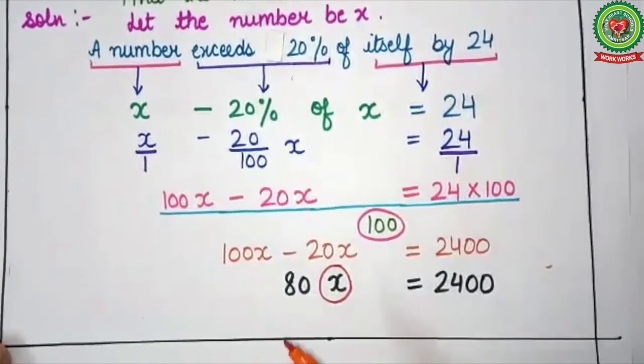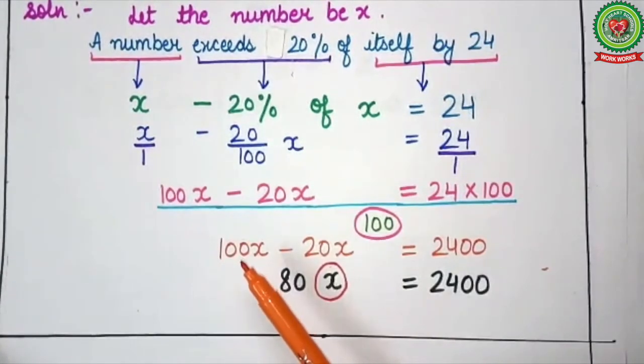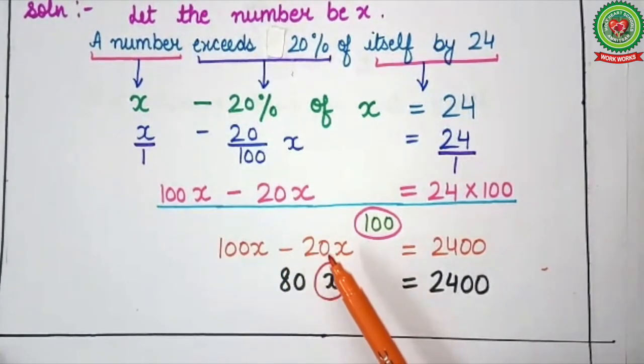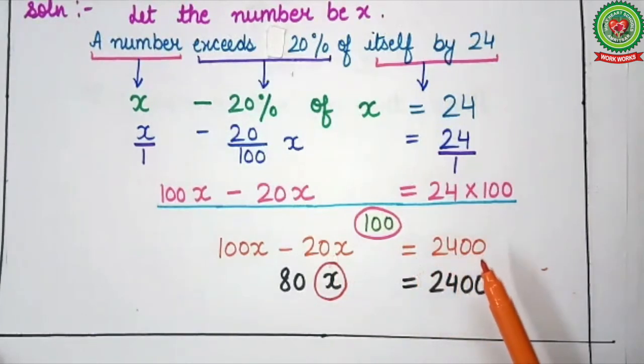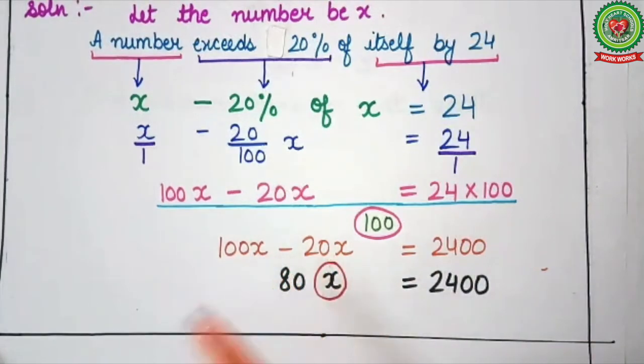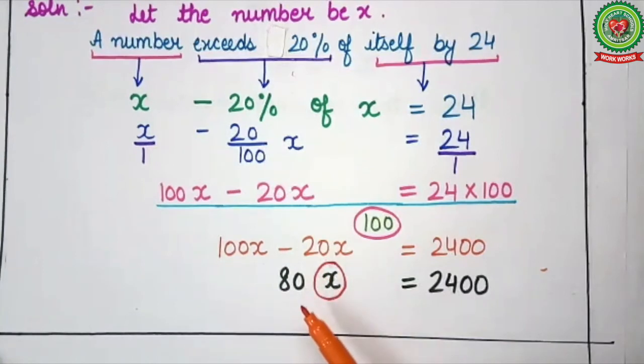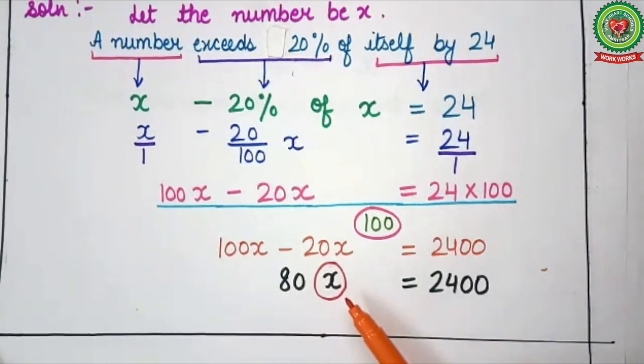In the next step we will write 100x minus 20x equals to 2400. Now we are having like terms here. So 100 minus 20 equals to 80x. 80x equals to 2400. No sign between these two. So here the sign of multiply.